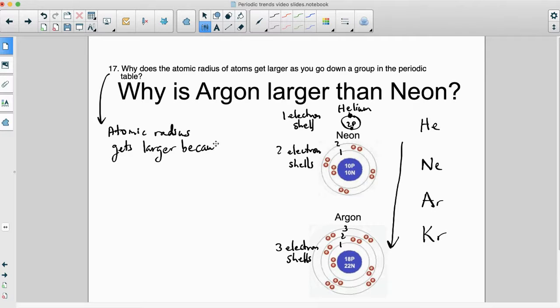because as we go down a group, another shell of electrons is added.